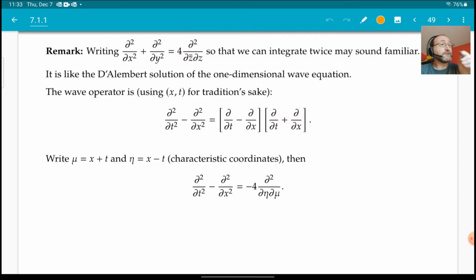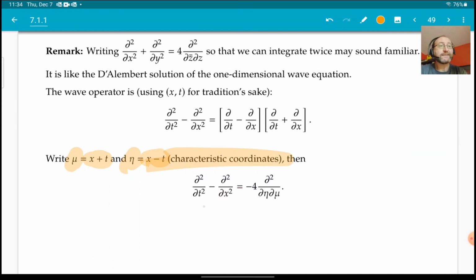If we change our variables to mu and eta, x plus t and x minus t, these are the so-called characteristic coordinates.